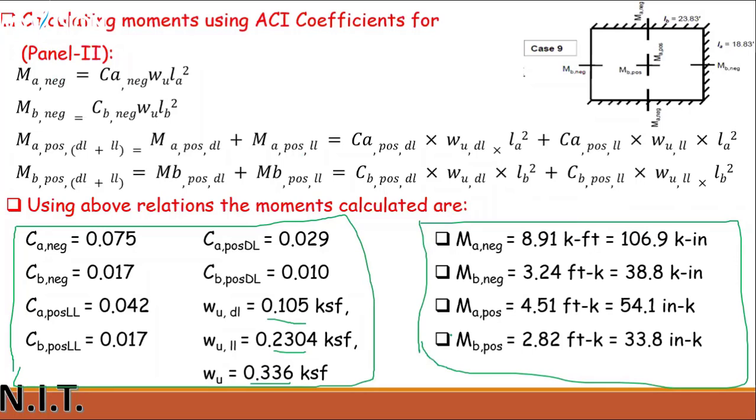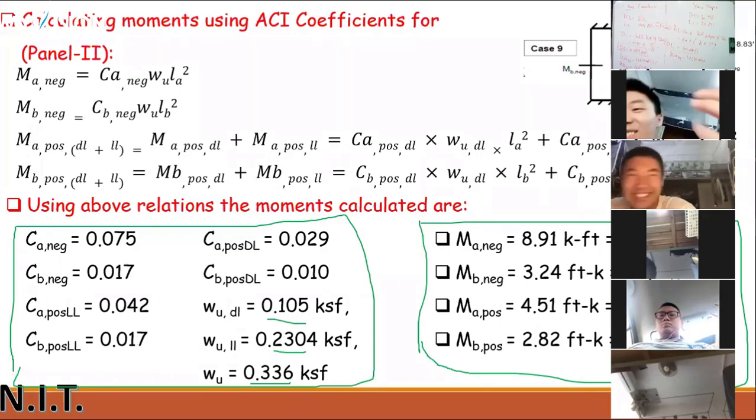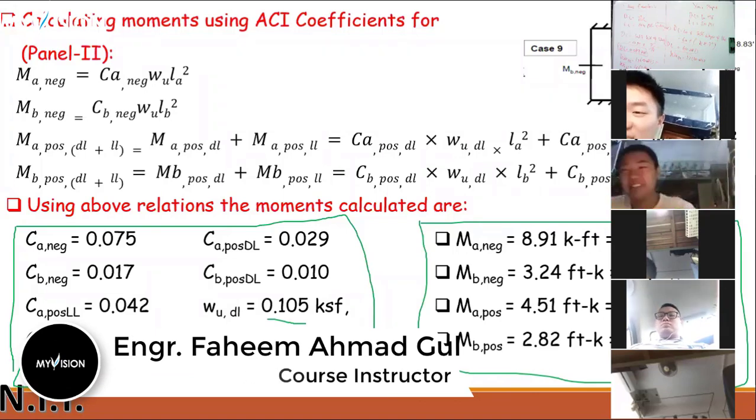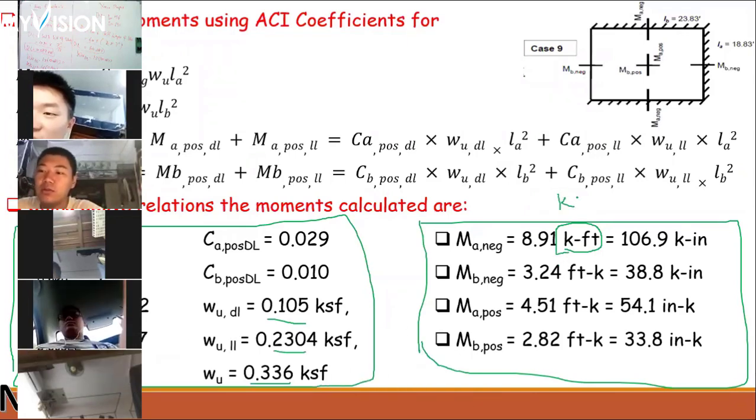Do you have any question? Teacher, yes, please. The unit, like this, 8.91 K FT. Why? I don't know the unit. This is kip feet.